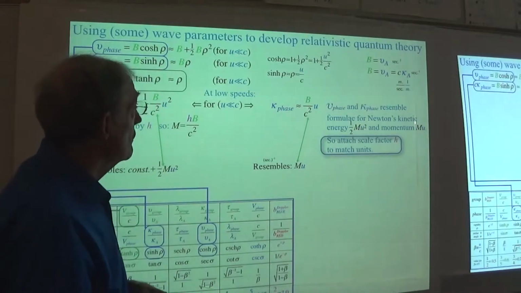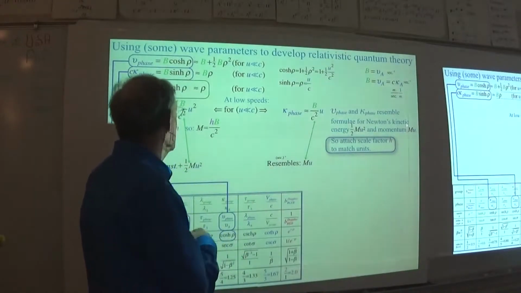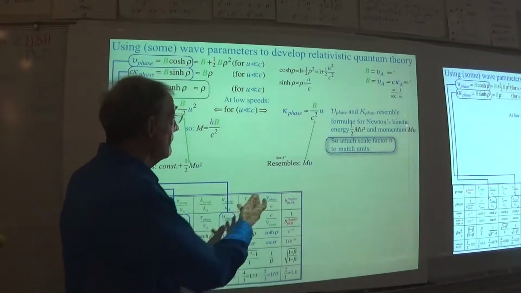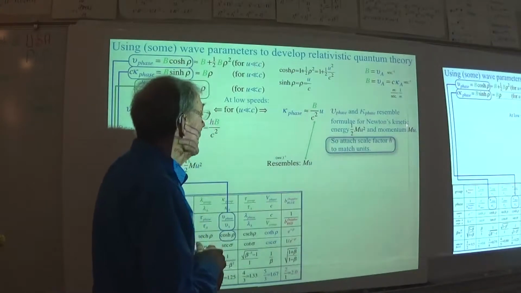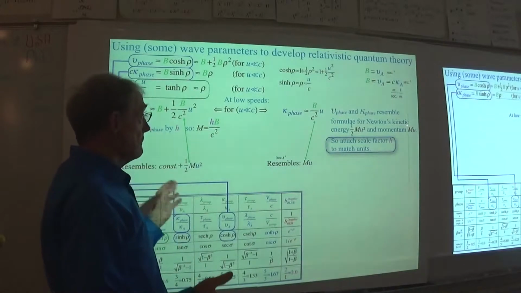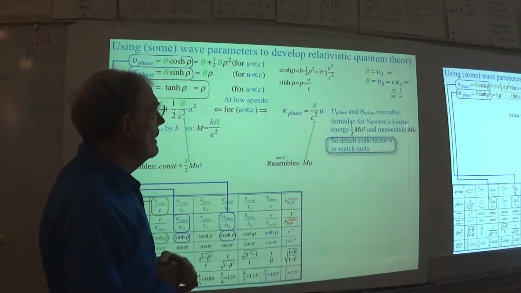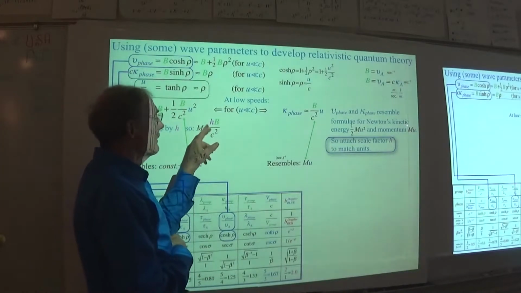Two things that we know and love, namely good old Galilean momentum, resembles m mu if you set this thing equal to m. And if you do the same thing over here, if you set this thing equal to m, gee, that's it. Now you do really, in order to make this kosher, have to add a scaling factor.